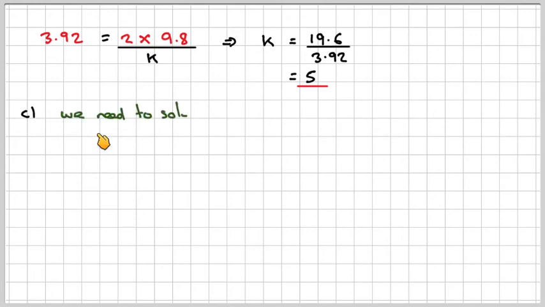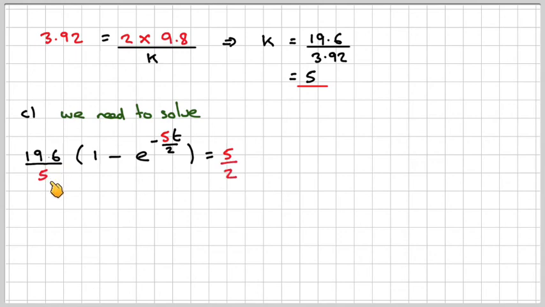Now we solve this equation for part C. It's mg over k, which is 19.6 over 5, times 1 minus e to the minus 5t over 2, equal to 2.5, which is 5 over 2. It's a good idea to work with fractions here.